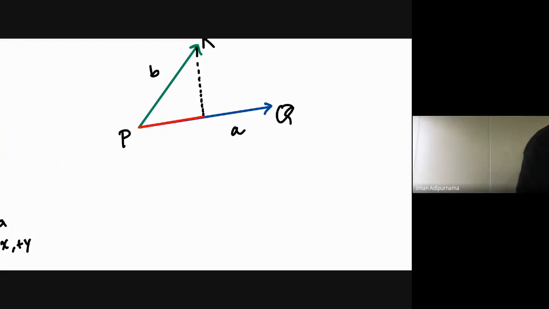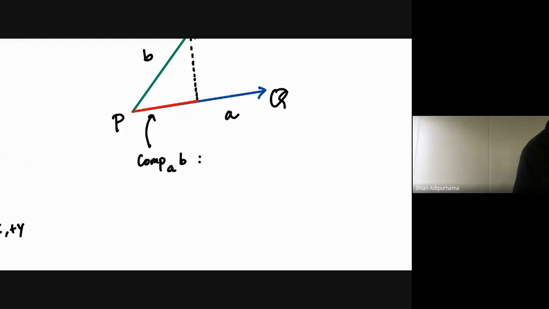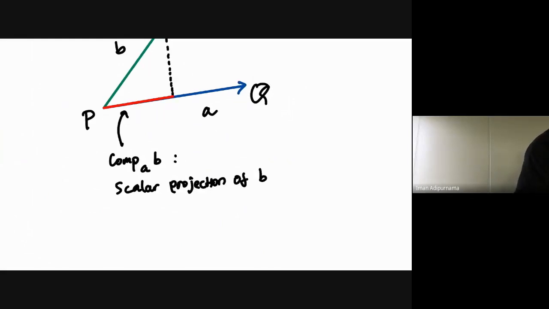Let's say this is the component of A and B. What does this mean? This means scalar projection of B to A.